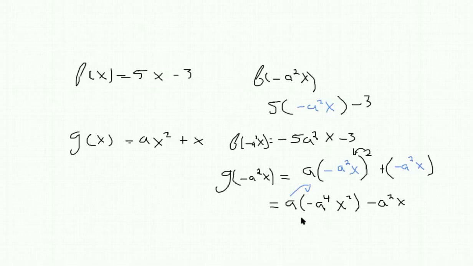I get negative a to the 5th, remember, that has a 1 on it, so 1 plus 4 is 5, times x squared minus a squared x. So this is what g of negative a squared x is.